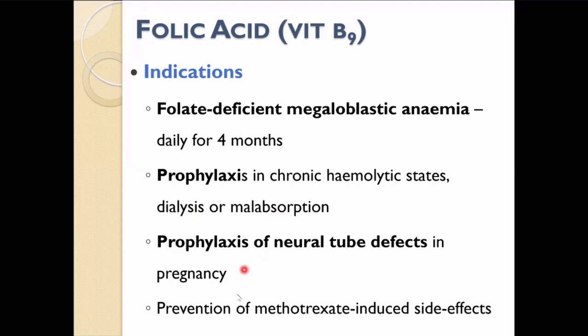And in pregnancy, why do we give folate? Anemia is one thing, and the other is to prevent neural tube defects, so the dose is a little higher for this. We also use folate to prevent side effects caused by methotrexate, an antifolate, which interferes with conversion of folate into tetrahydrofolate.